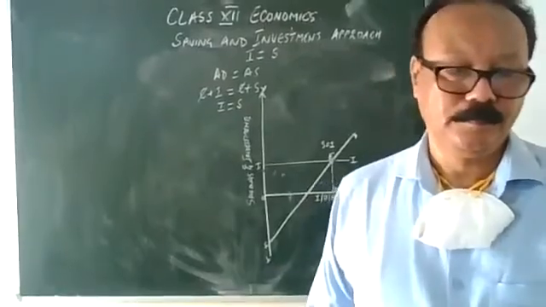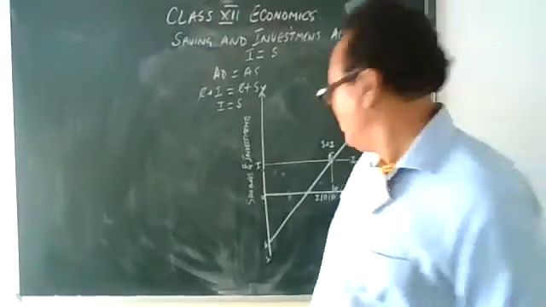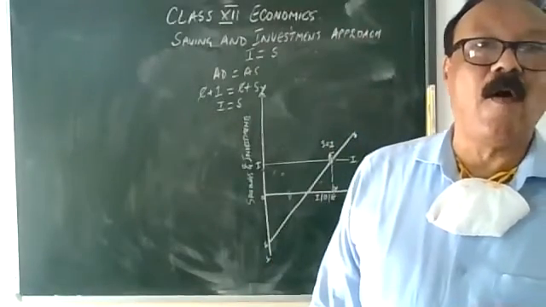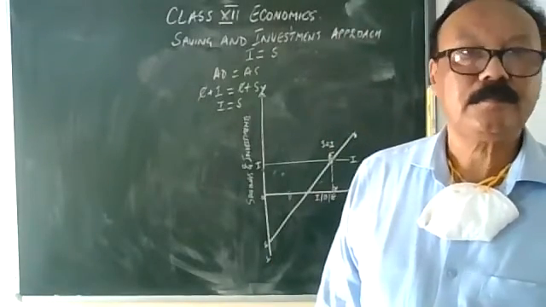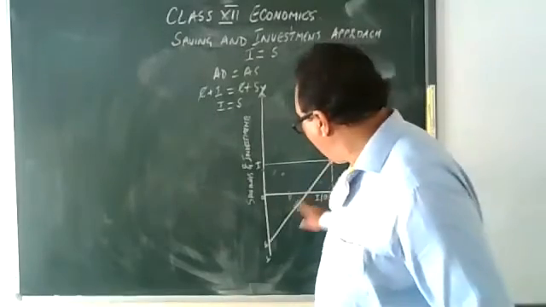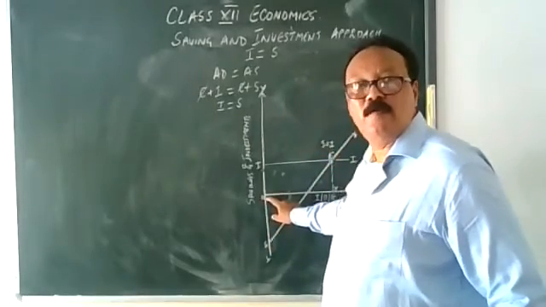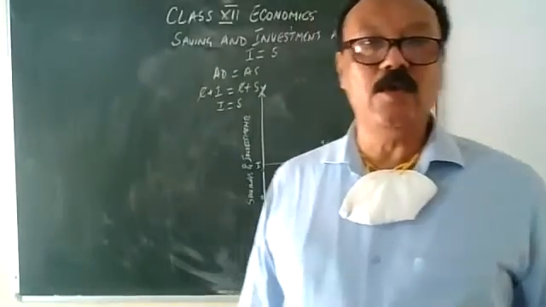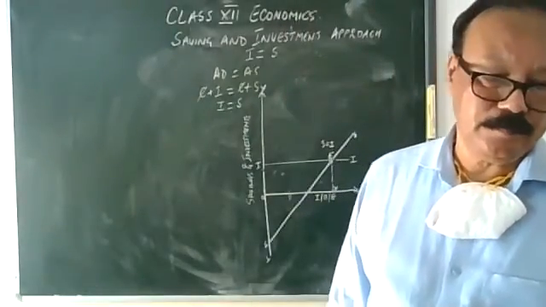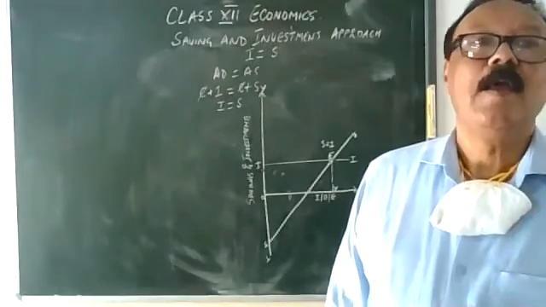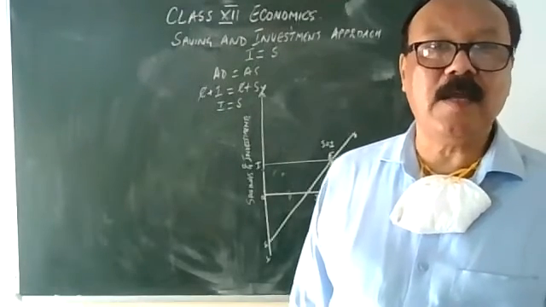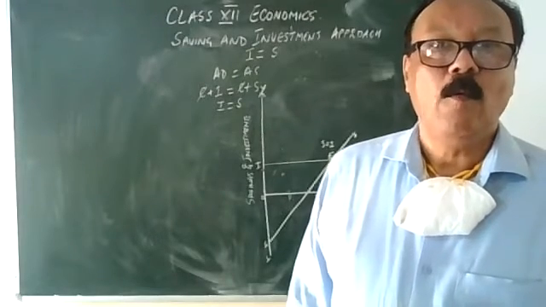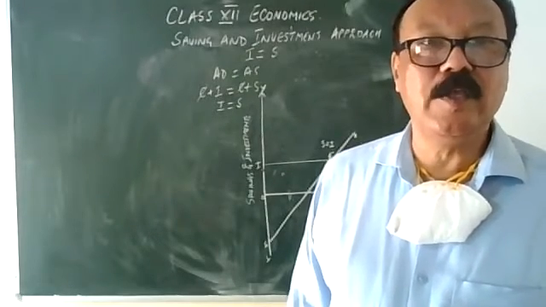Third point, the SS curve starts from the negative, that is below the point of origin. It starts from a negative value because there must be some consumption when income is 0.